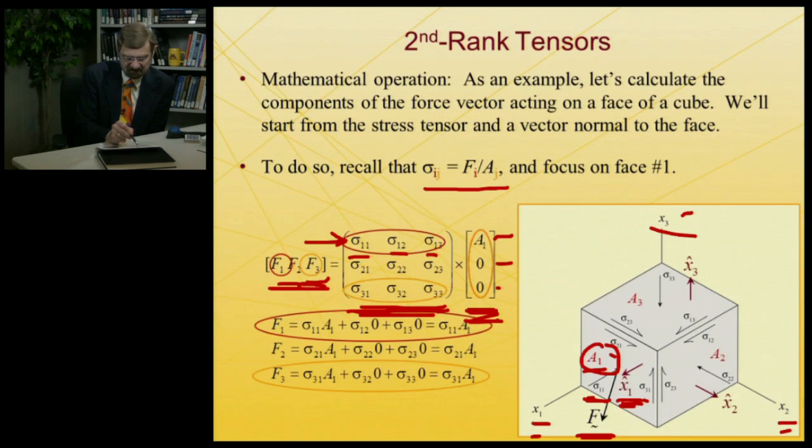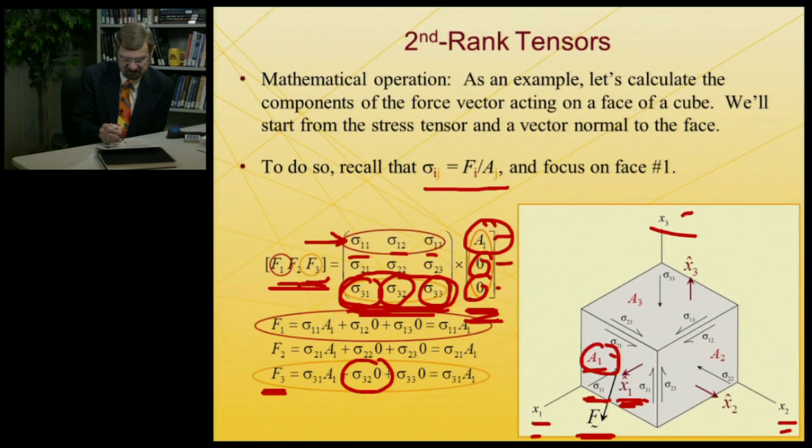I'm going to take the third row of my stress tensor, again rotate it through 90 degrees, multiply it by the area vector, basically, in your mind, you can think of doing a dot product. And so F3 is equal to sigma 3,1 times A1 plus sigma 3,2 times 0 and sigma 3,3 times 0. And so I get back just sigma 3,1 times A1.